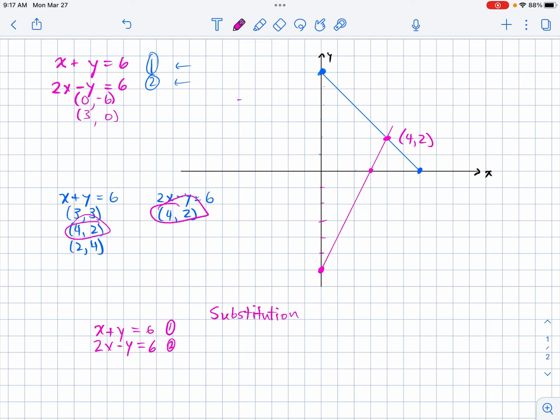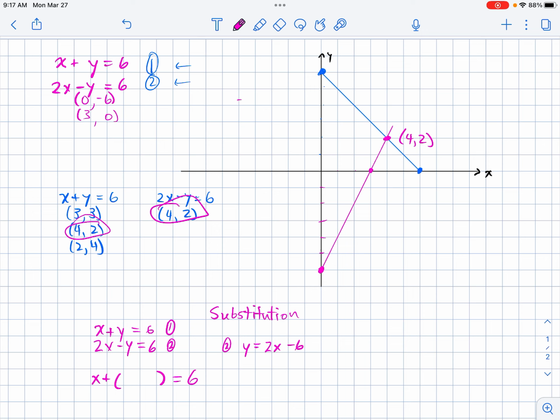So I'm going to take equation 2 and solve for y. And if I do that, I get that y equals 2x minus 6. If I just add y to both sides and subtract 6 from both sides, and then I put that into equation 1. So here it goes. We go x plus y equals 6.